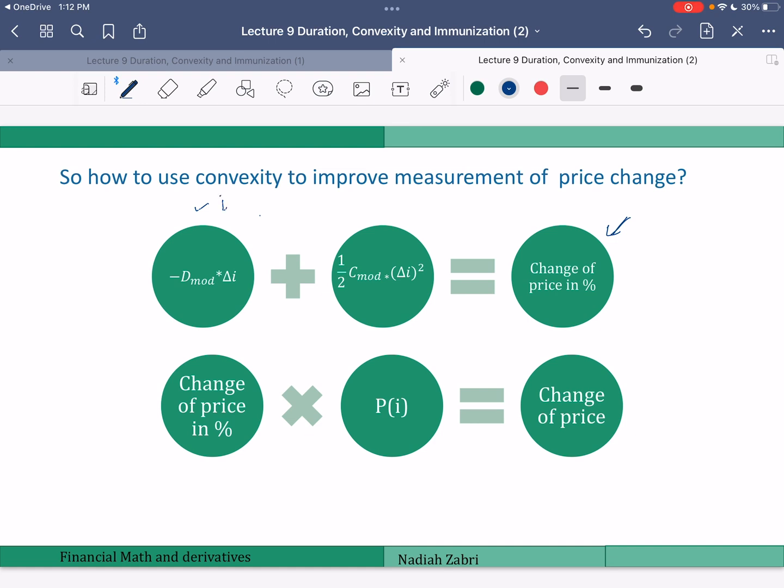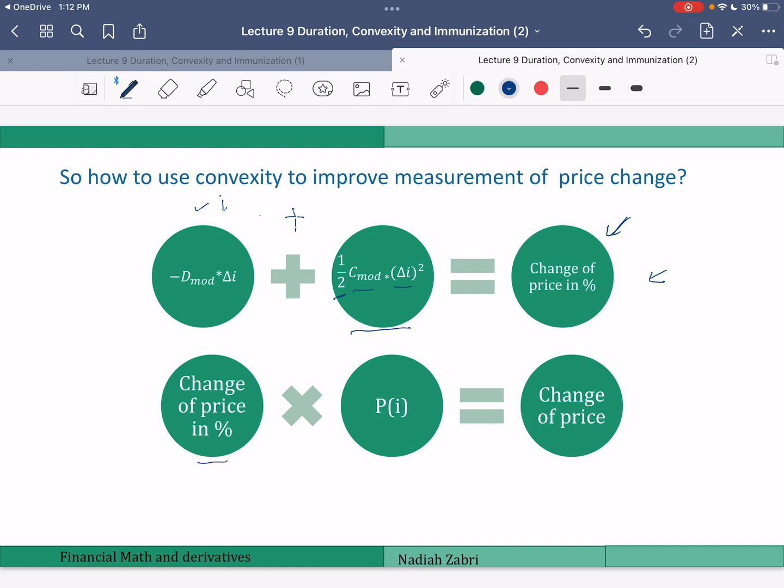We will still do that, but on top of that, we will add something else. We will add this component: half of the modified convexity times the square of the change of i. This component will improve the percentage change of price.